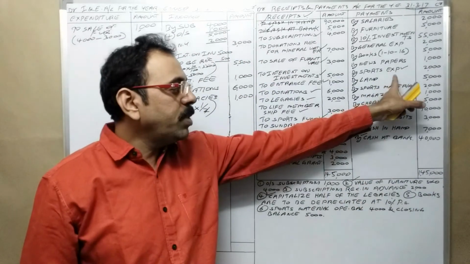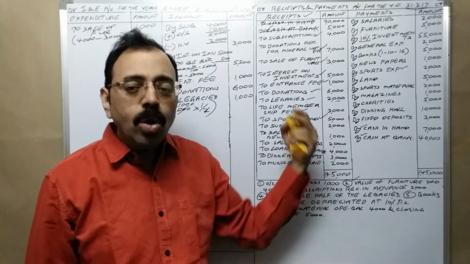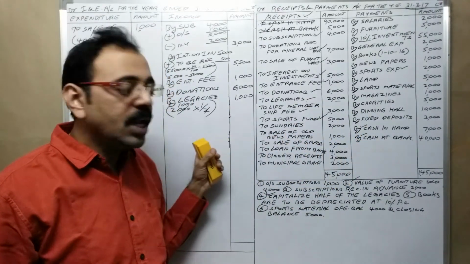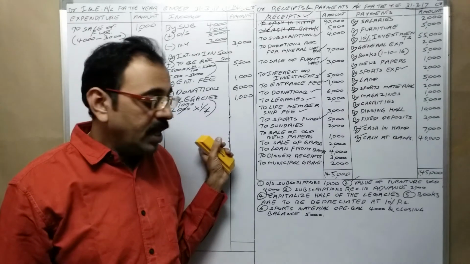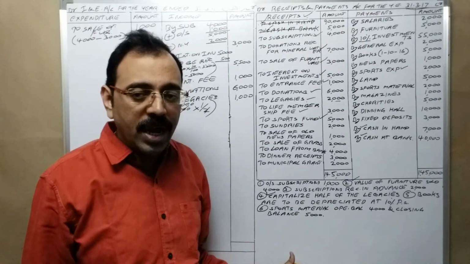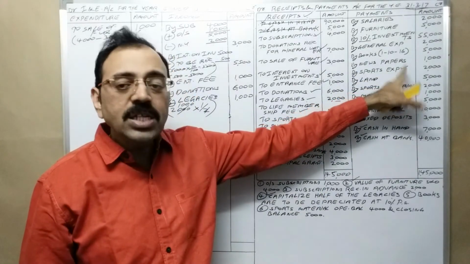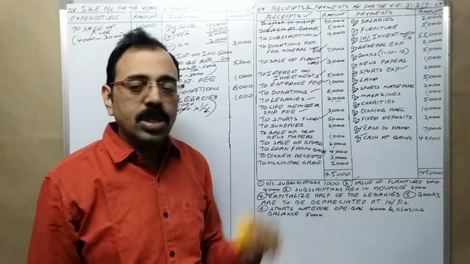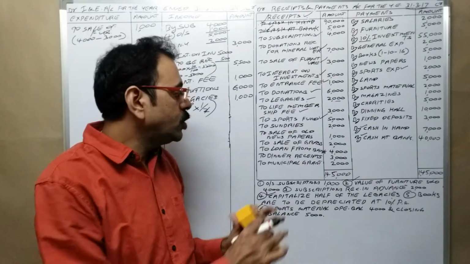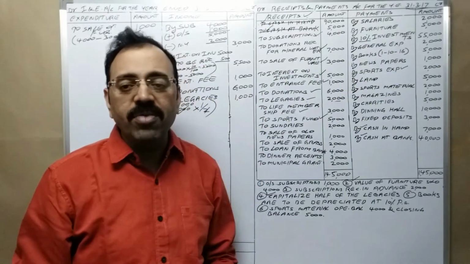Whenever sports expenditure and sports fund both are given, ignore both while preparing the income and expenditure account. Because in the balance sheet liability side, from the sports fund, sports expenses we have to deduct. Therefore, ignore both.